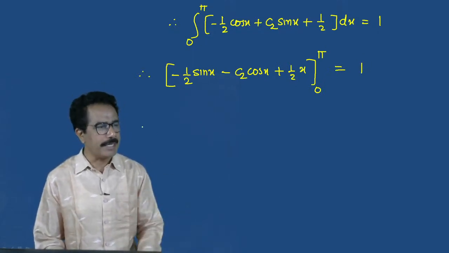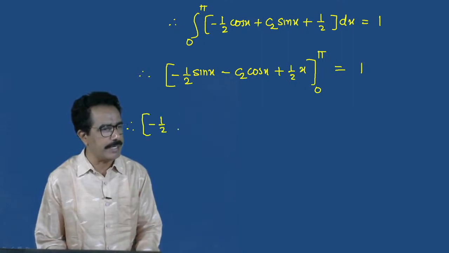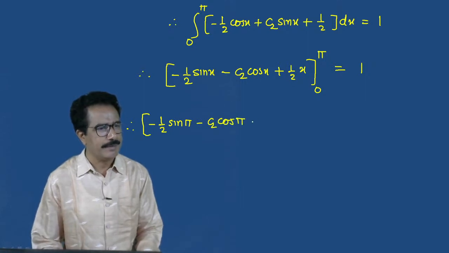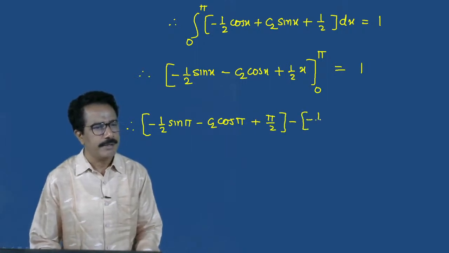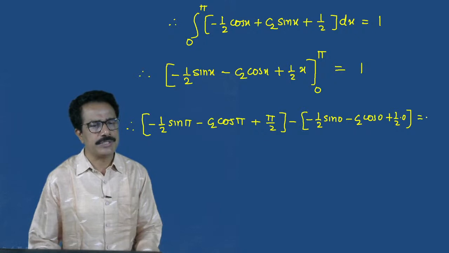Now put the upper limit and lower limit: upper limit minus 1 by 2 sin pi minus C2 cos pi plus pi by 2, minus lower limit, minus 1 by 2 sin 0 minus C2 cos 0 plus 1 by 2 into 0, which is equal to 1.